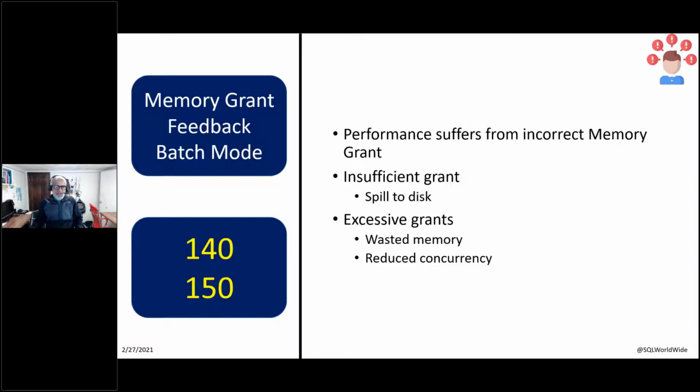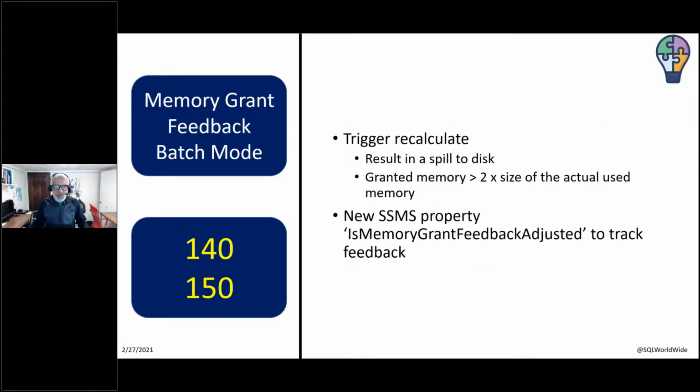Memory grant feedback. I alluded to this a few times in previous slides, and we know what problems can happen if you do not have the correct memory grant. So I'm going to skip this one and let's talk about how Microsoft solved this.